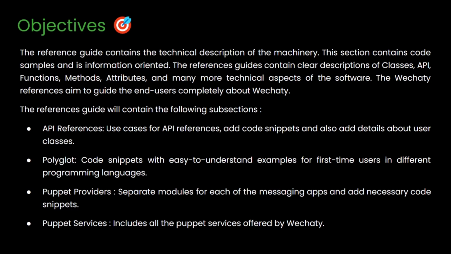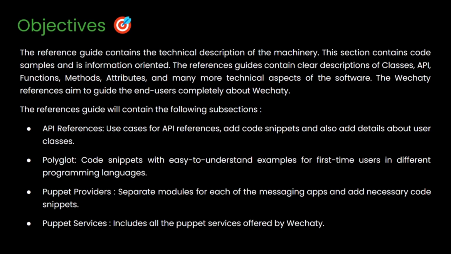So the references guide will contain the following sections: the API references, the Polyglot, Puppet providers, Puppet services, and specifications. The API references have the use cases for API references. We also aim to add more code snippets and more details about user classes.